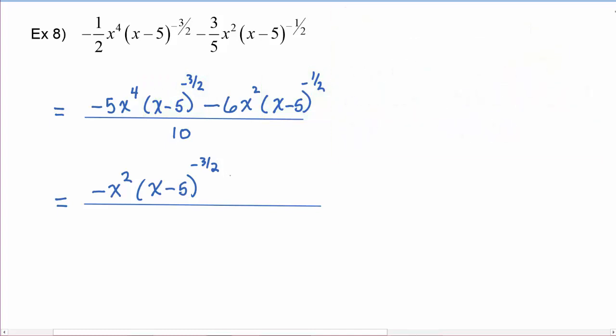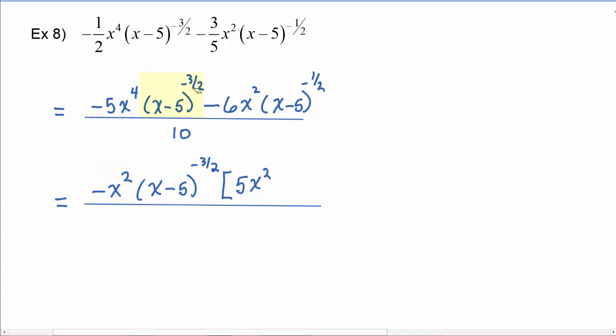And to see what we'll have left inside, we have to do the division. Well, we've got a negative 5 x to the 4th divided by a negative x squared. That's going to be positive 5x squared.